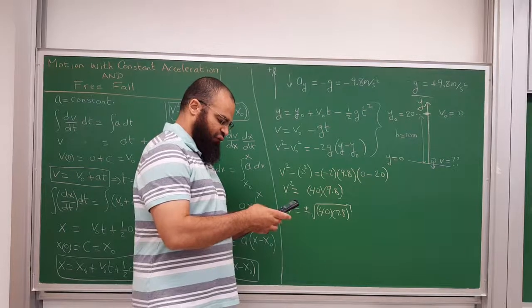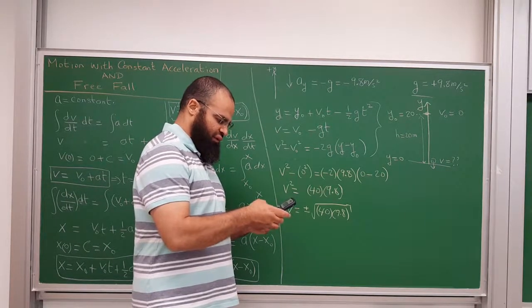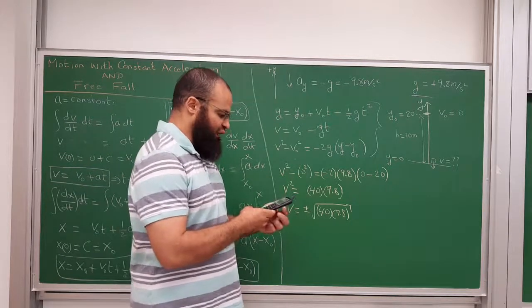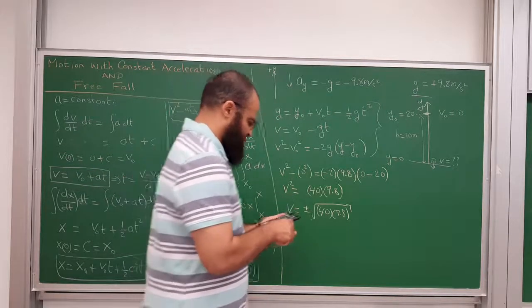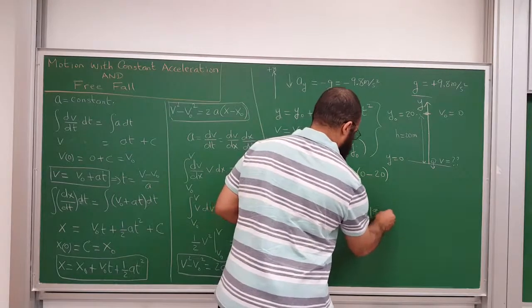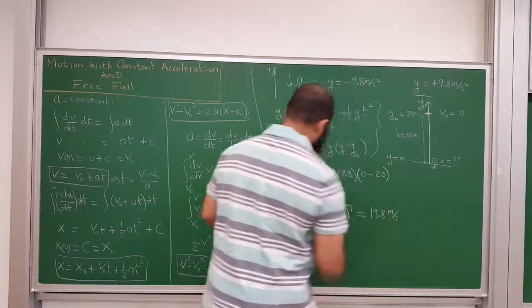With the calculator, I get 19.79, so 19.8 meters per second.